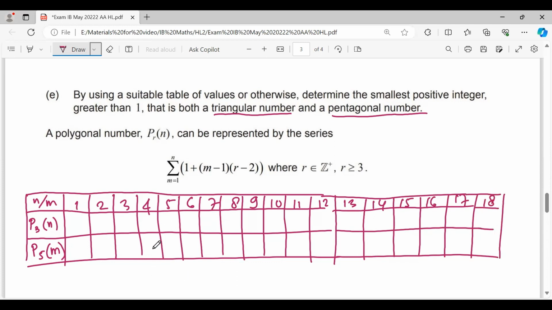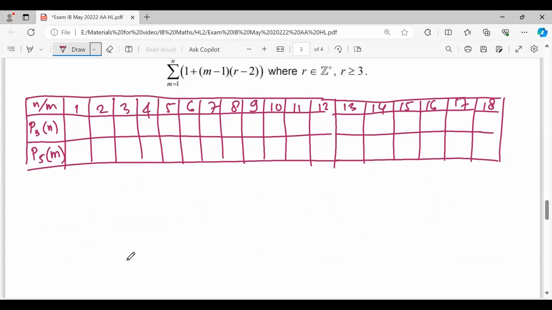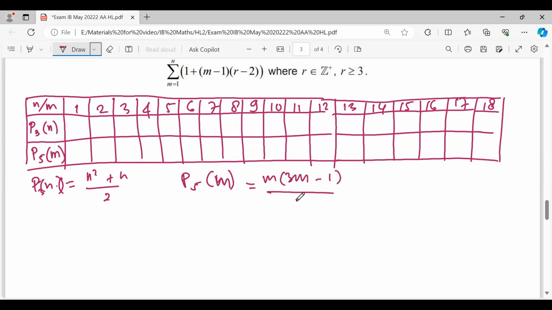We are going to continue in the space. Based on the formula, Pn equals n squared plus n over 2, and P5m equals m times 3m minus 1 over 2.